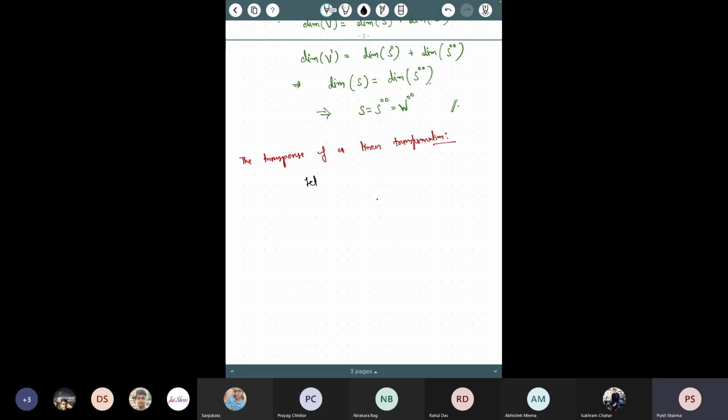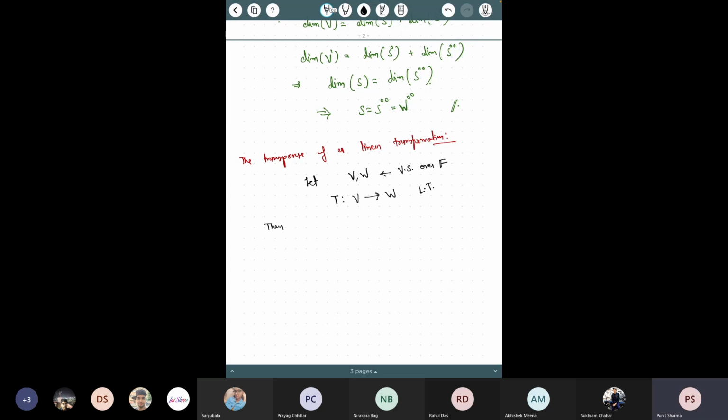So suppose that we have two vector spaces, let's say V and W. They are vector spaces over the same field F. And suppose that we have a linear transformation T from V to W. Then this T induces a linear transformation from W dash to V dash.